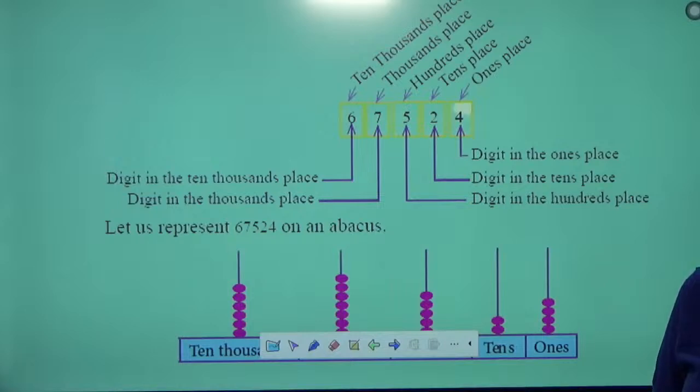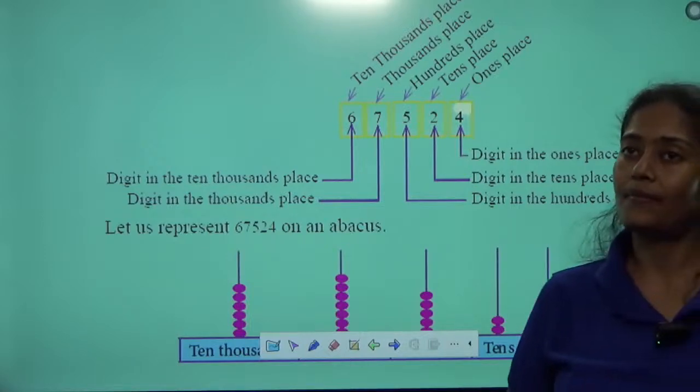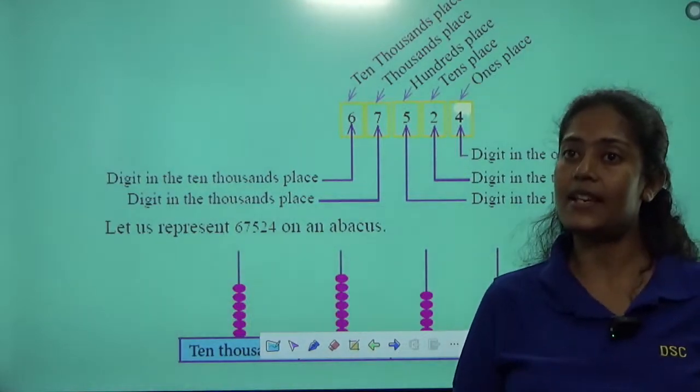Likewise, can you tell me the value of the digit in the ones place? 4. Yes, that is correct.